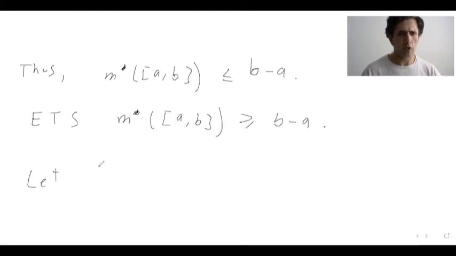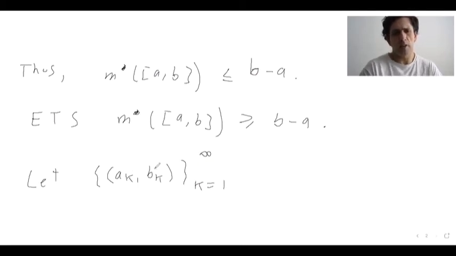Let's say I have an arbitrary cover of a to b by open intervals, finite or countably infinite. And again, in the case where this is finite, after a certain point you can just set a_k to be b_k, so you have the empty interval, if you will, and we're allowing that to count as an interval. The length of the empty interval is 0.